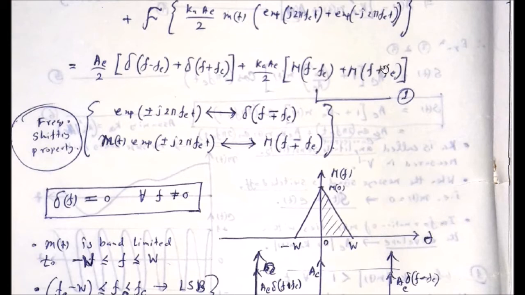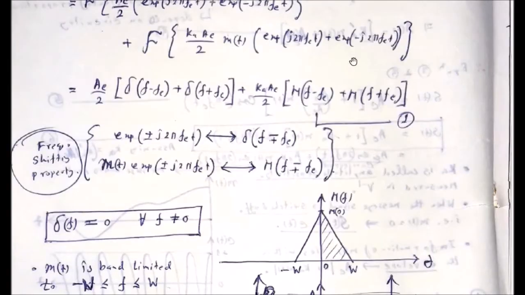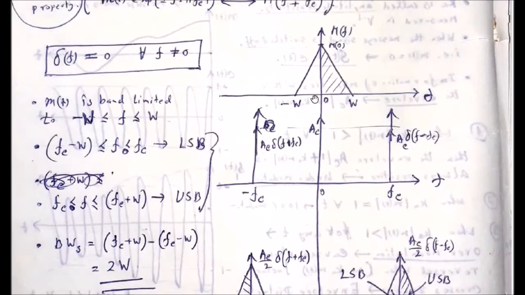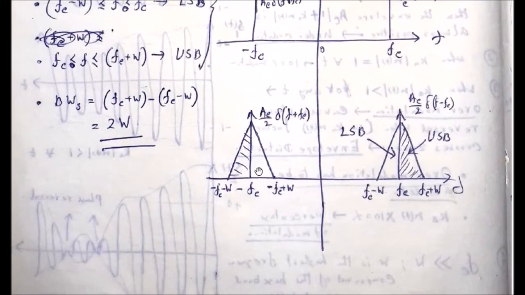That means this is the time advance component, and this is the time delayed component. Sorry, not time, frequency advanced component. This one is the frequency advanced component, and this one is the frequency delayed component.